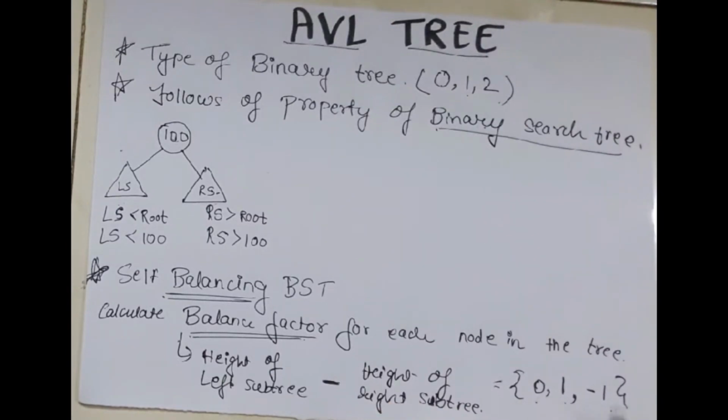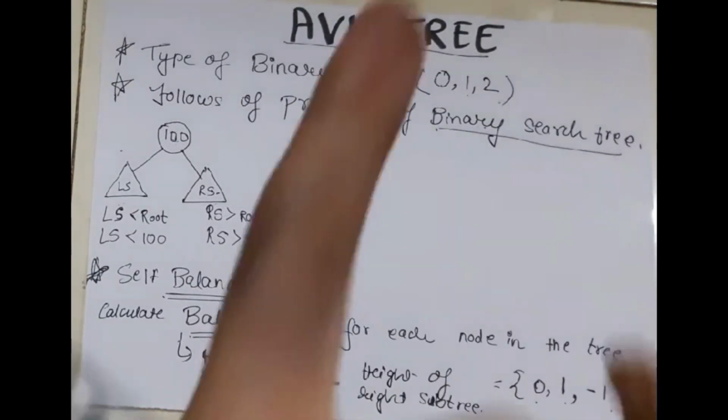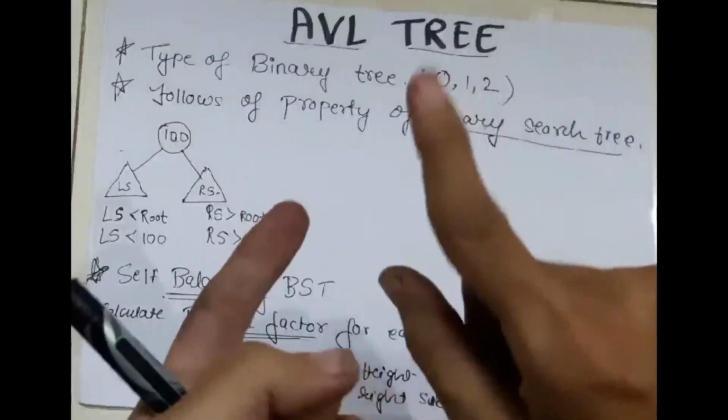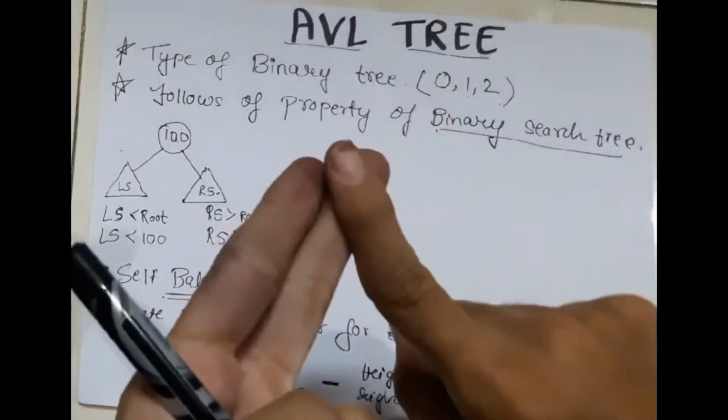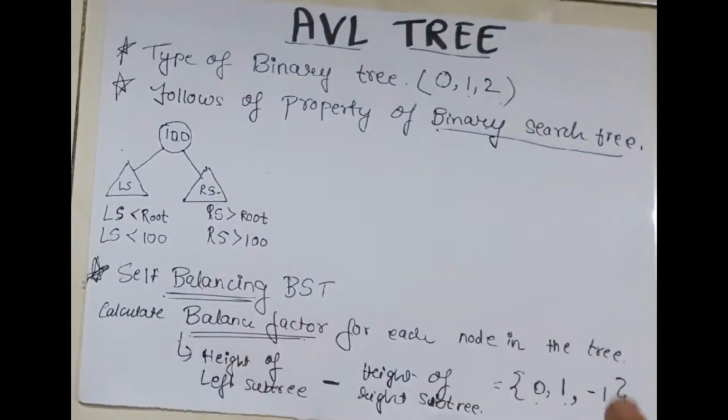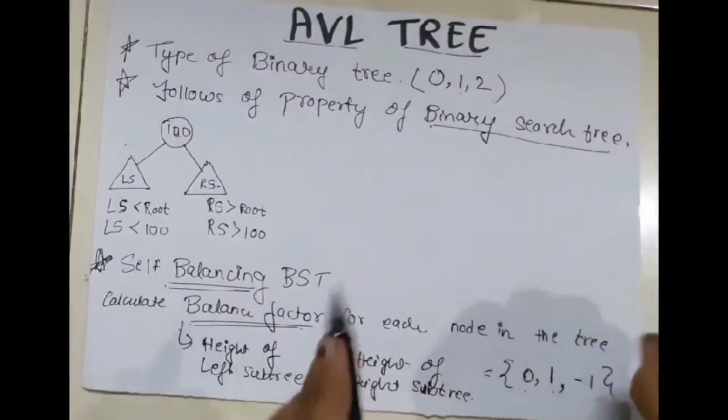And if the value of balance factor is other than this, then that tree is not an AVL tree. So there are two things. The first thing for a tree to be AVL is that it should follow the property of binary search tree, and the second thing is that the balancing factor should be either 0, 1 or minus 1 for each node in the tree. So, consider this example.